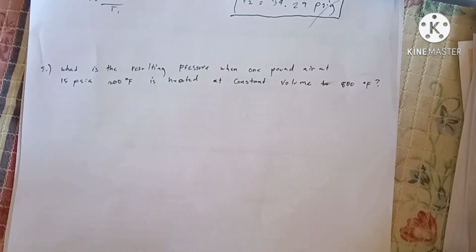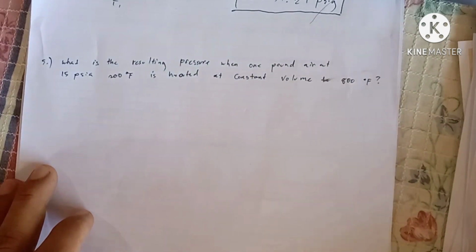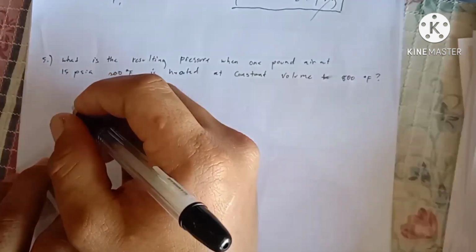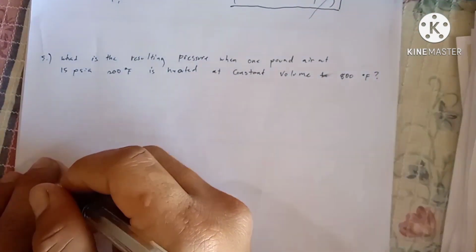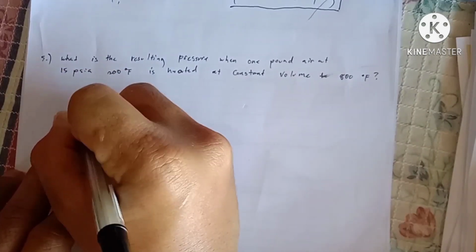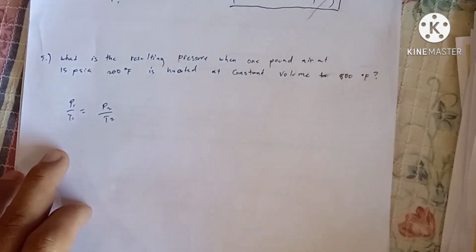To get the answer, we need to use the formula P1 over T1 equals P2 over T2.